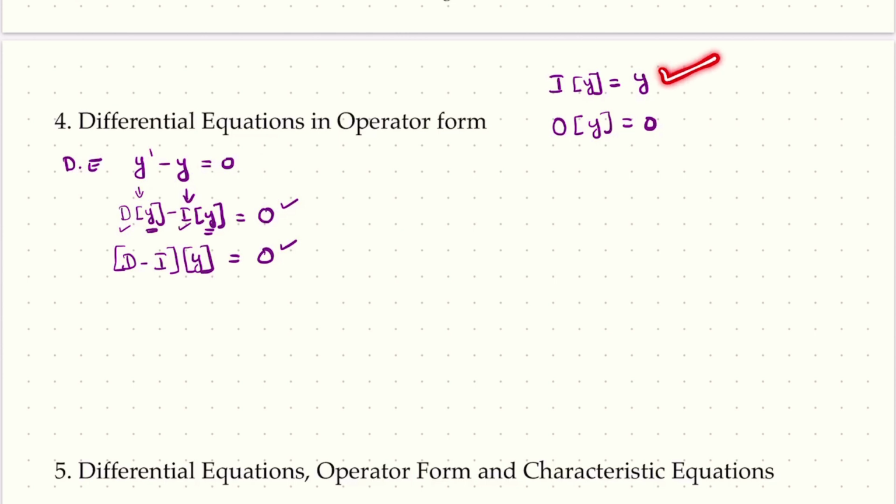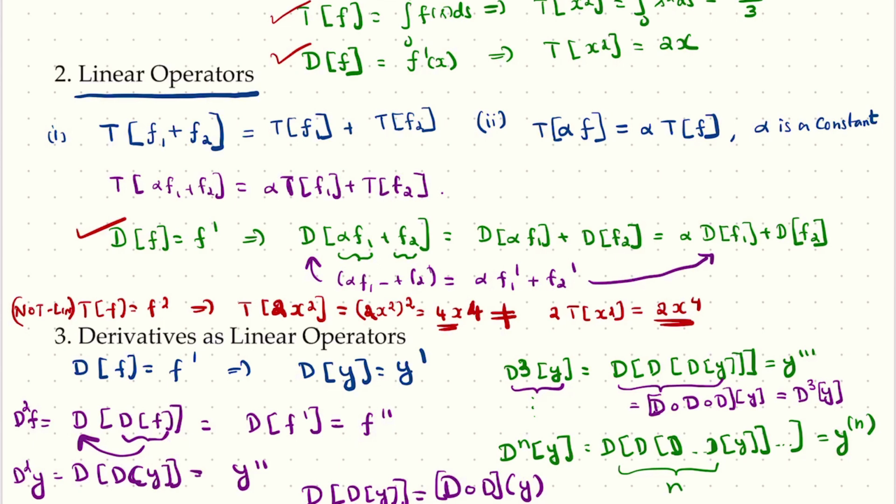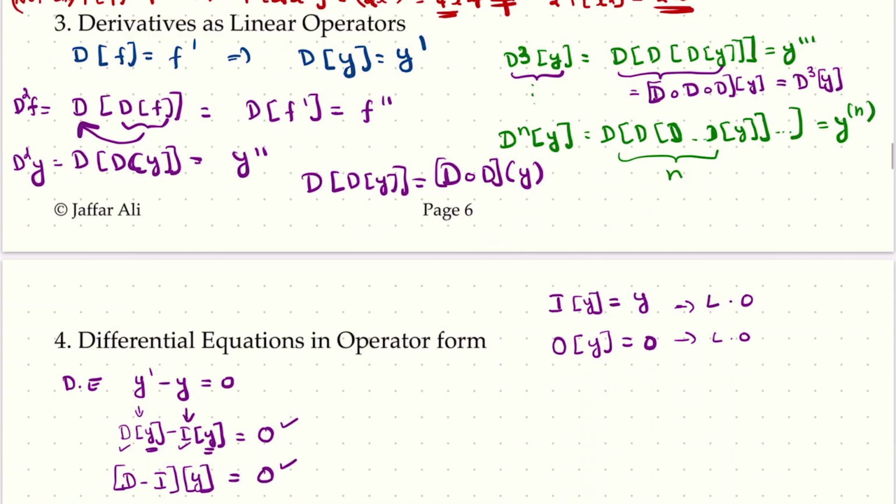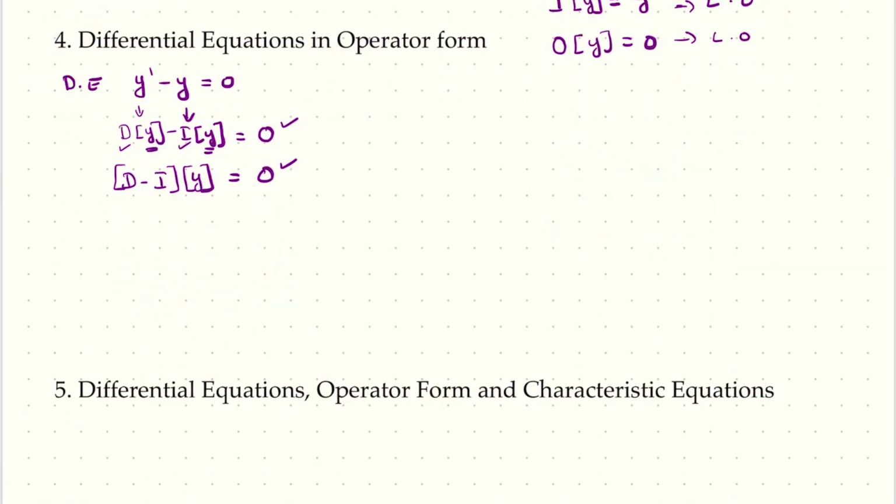And this is also a linear operator, and this is also a linear operator. So it satisfies the two linear conditions. When we write it in this way, this is called the operator form. This side is no longer the number 0.